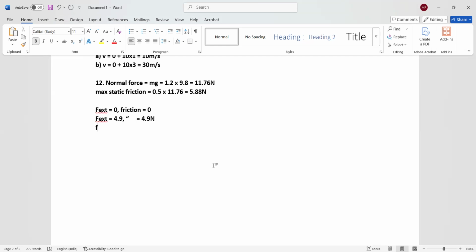When external force is equal to 9.8, friction will be equal to 5.88. This is because it is reaching the maximum limit, because we already found the maximum static friction. So it will only reach 5.88.